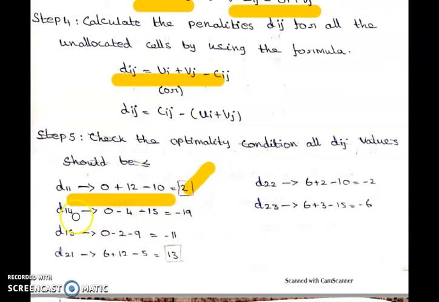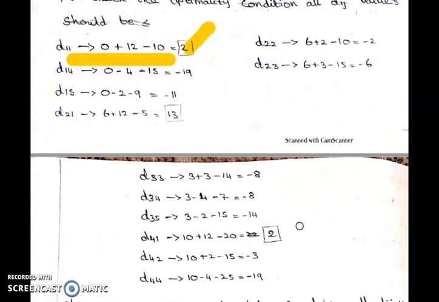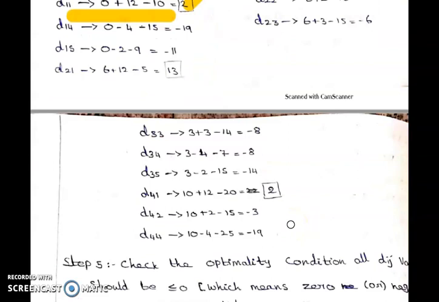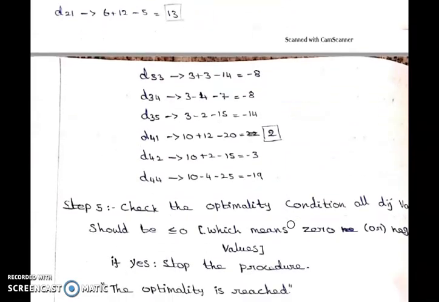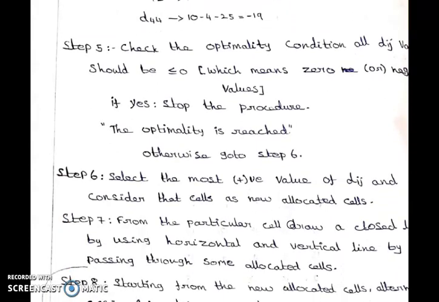Similarly, we have to find row 1 column 4, row 1 column 5, and like that, each and every cell in that particular column. The remaining columns will be negative, with only 2 possible columns. Among the 2 possible columns, we have to choose the minimum value. Here the 2 values are the same, so we can choose either one arbitrarily.